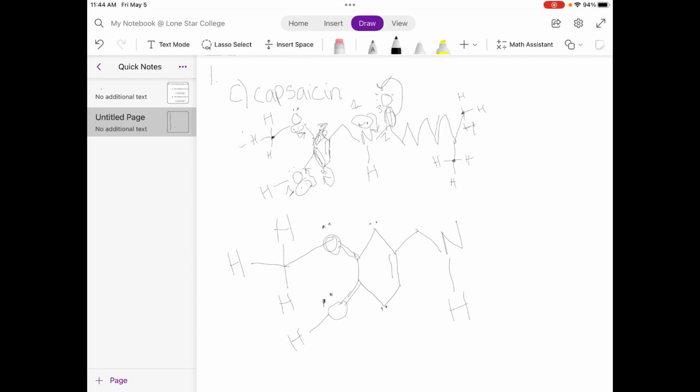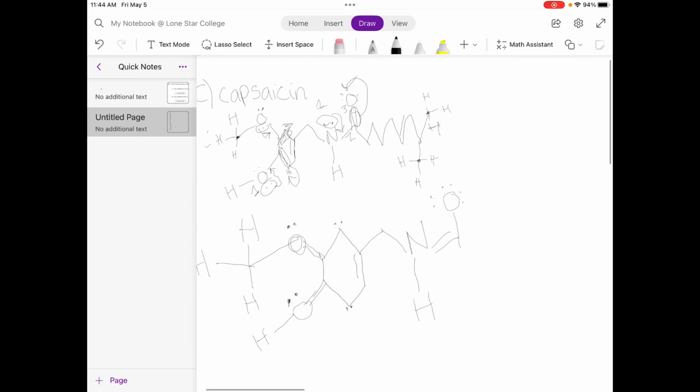Right, and this becomes a double bond because of the lone pair resonance. Oxygen: 1, 2, 3, 4, 5, 6. Let's see what else. I think that was the last of the resonance. No more resonance.